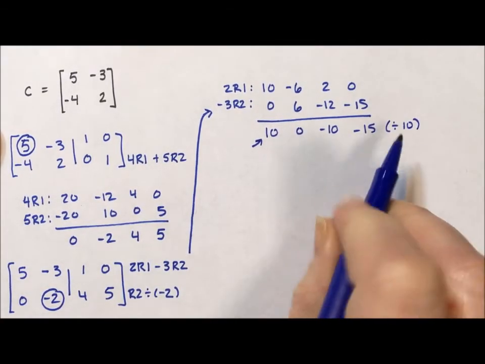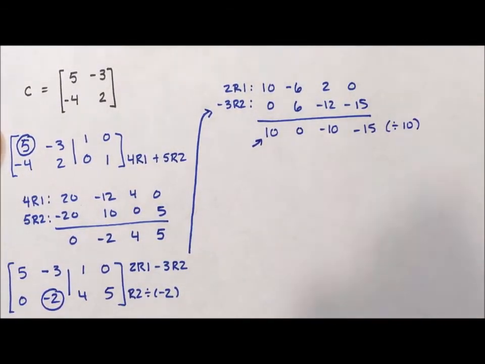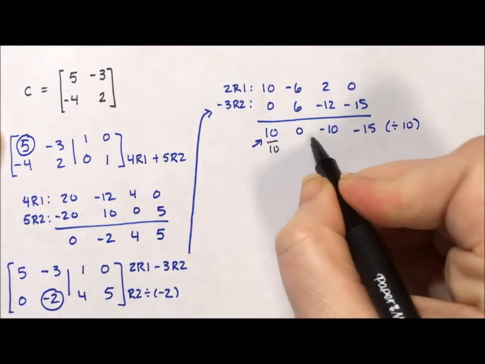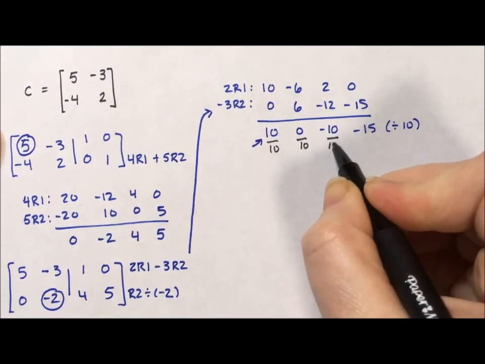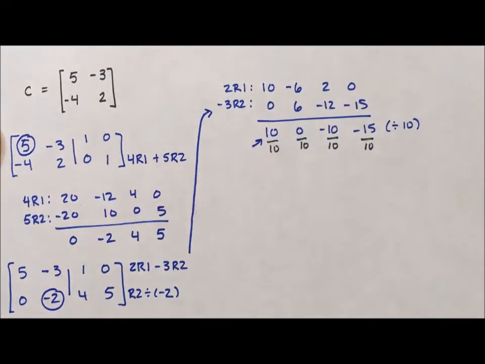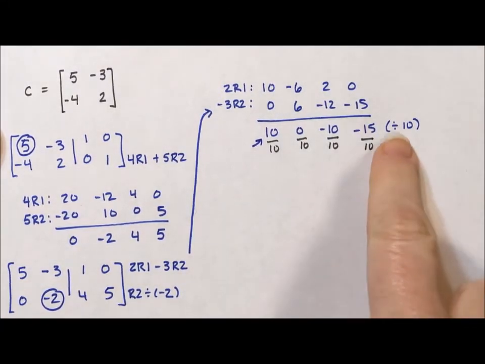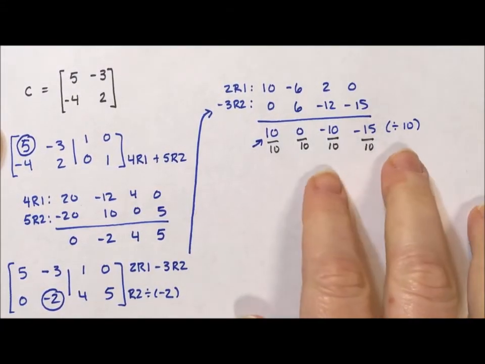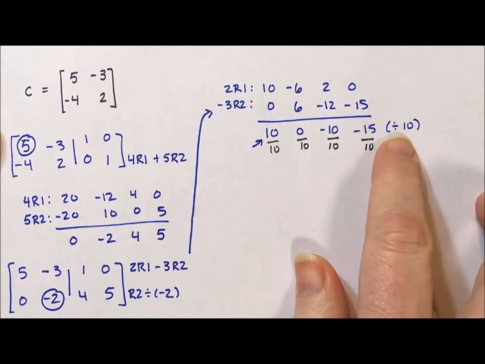A lot of my students don't like when I do it that way. They would prefer if I came through here and said, divide by 10, divide by 10, divide by 10, divide by 10. The thing is, this is all just shorthand for the person who's solving. I'm a little bit lazier.